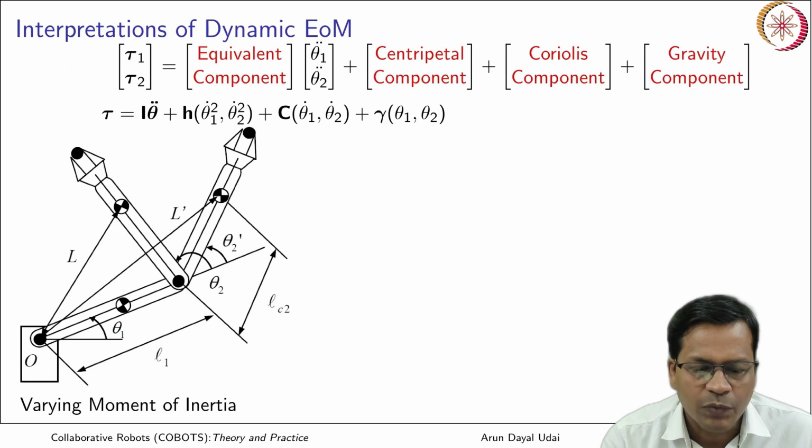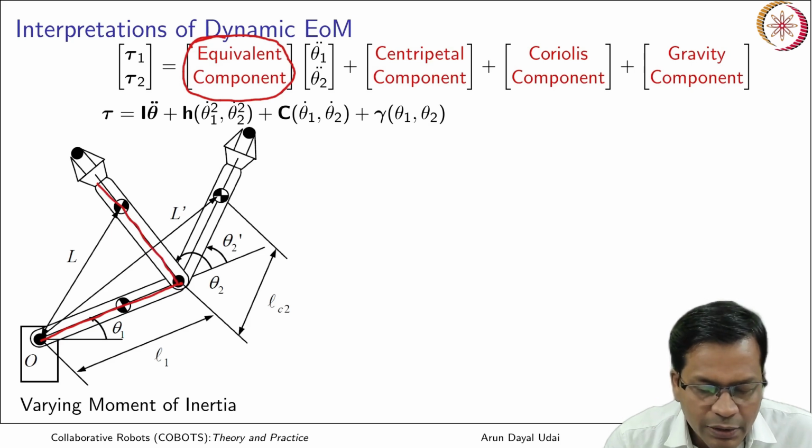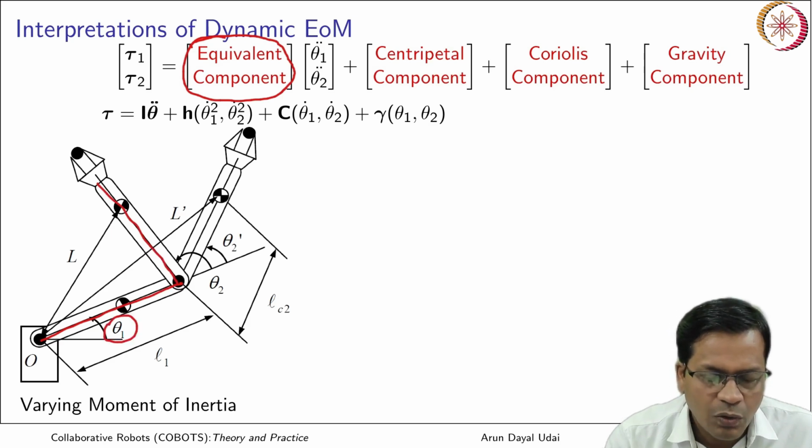The first term is the equivalent moment of inertia. Let us say this robot at any instant of time is like this. For joint 1, let us assume this is rigid and the joint is fixed over here. This is practically the shape of this link. So the equivalent moment of inertia in this posture would cause torque at this joint, is it not?